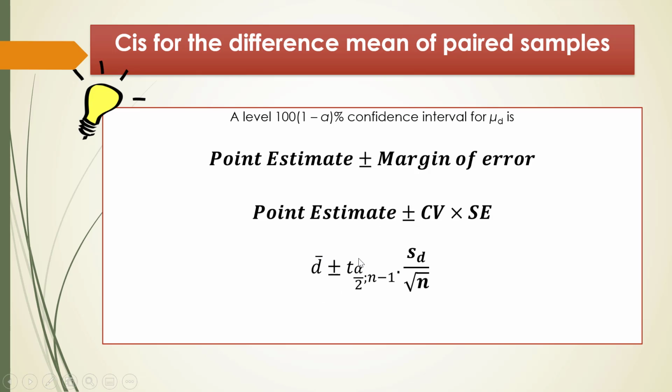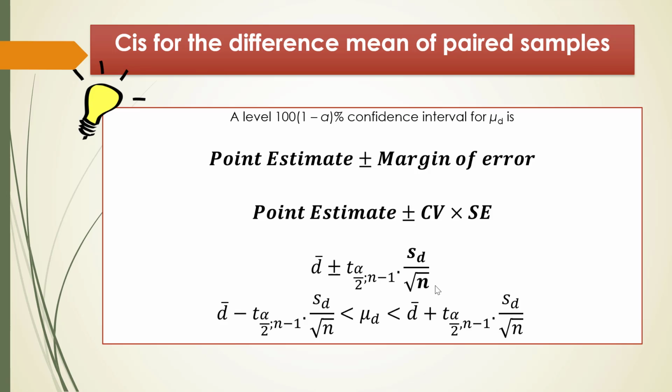The critical value here is t alpha half, n minus 1, because we want to have 1 minus alpha area in the middle. So alpha half is the area of each tail, one from the left and one from the right. So the critical value should be t alpha half, n minus 1. N minus 1 here is the degrees of freedom. The standard error here is the standard deviation of the differences over square root of the sample size.